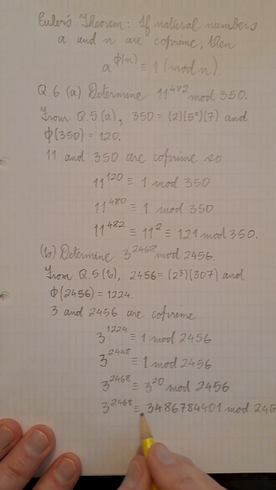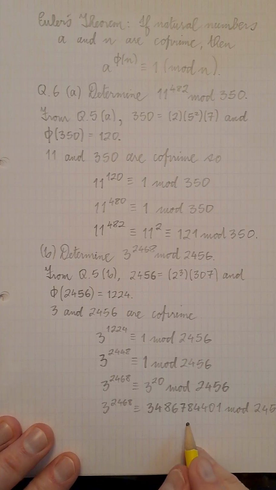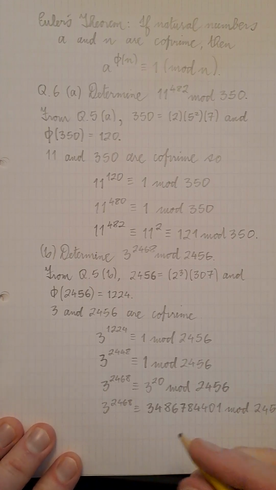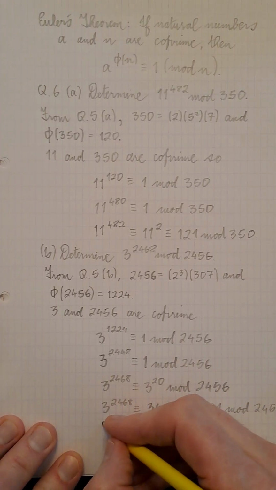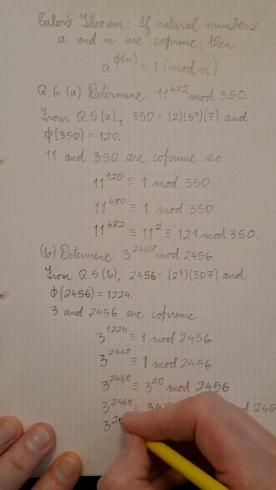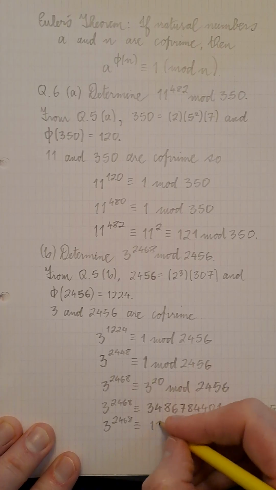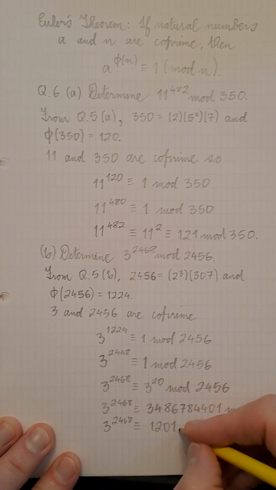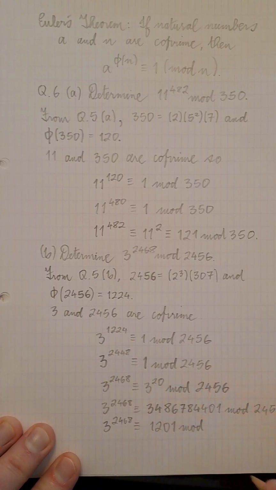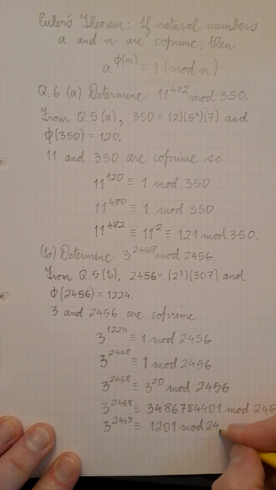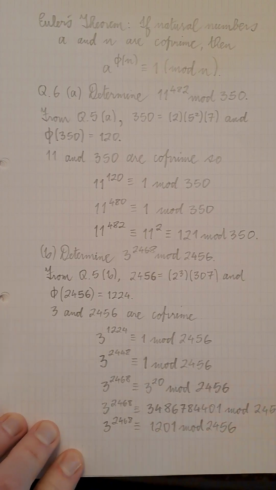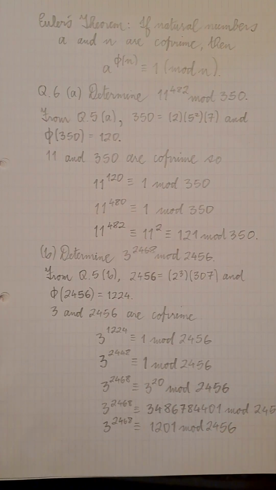And when we divide this enormous number here by 2456, we can see that the answer we get is 1201 mod 2456. And that's the final answer.